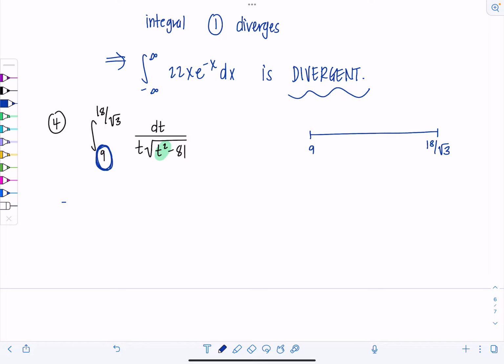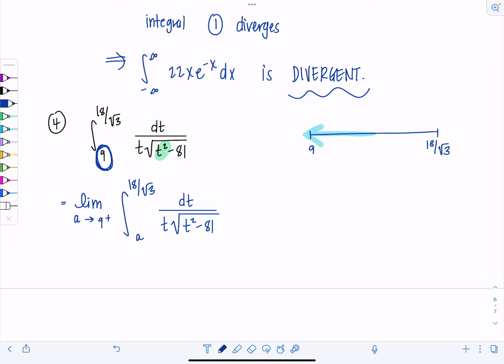So I'm just going to write it as the limit as, let's say, a approaches 9, and we're approaching 9 from the right. If it's the lower bound, you're always going to be approaching from the right. If it's the upper bound, you're going to be approaching from the left. So this is the integral from a to 18 over rad 3 of dt over t times rad t squared minus 81.